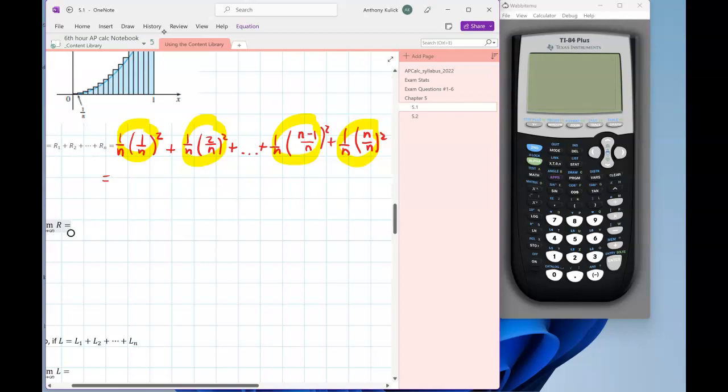It's actually more than that. 1 over n cubed. I have the 1 over n that's out front from the base, and I have the 1 over n squared that's in each of the heights. Everybody see that? So I'm going to do that. And then what's left after I factor that out?